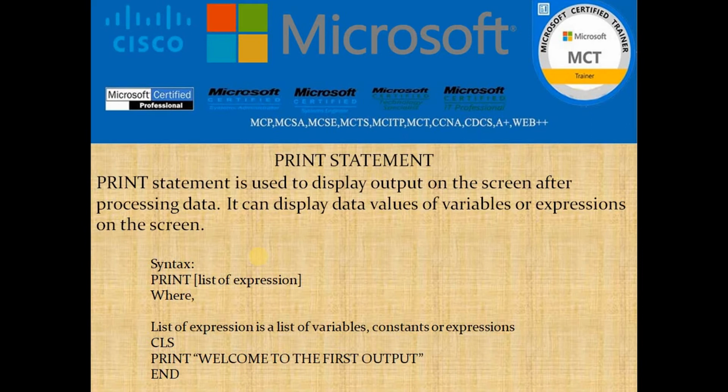It is used to display the output after processing your raw facts, that means the data. It can display any kind of value, numeric or string, depending upon the value you provide in the variable or expression.